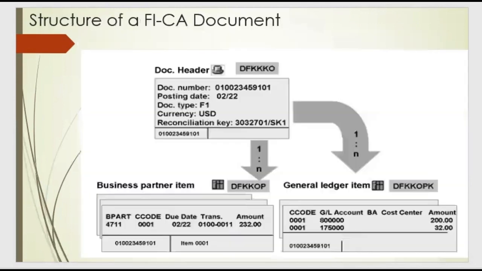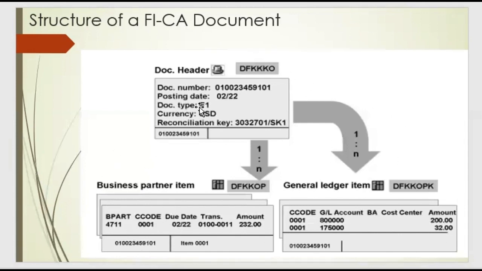Now, from the invoicing document, when it comes to the FICA document, which holds all the open items, those open items are reflected here. How those open items need to be reflected and how it will be useful for us, that is the real objective of the document display. Now you can see the open items.